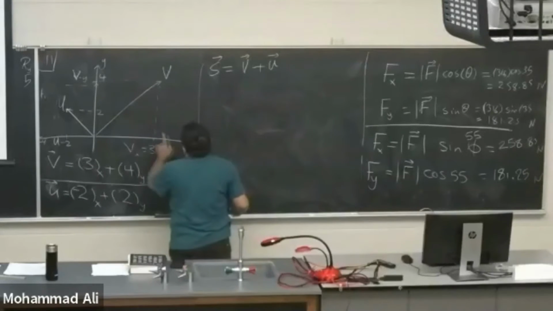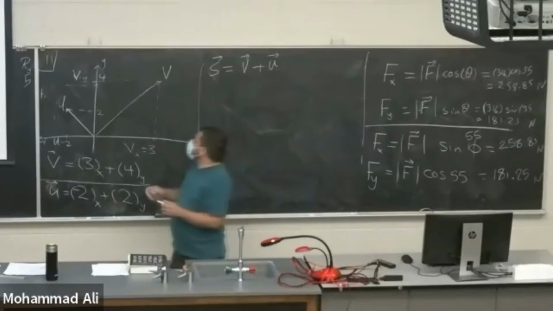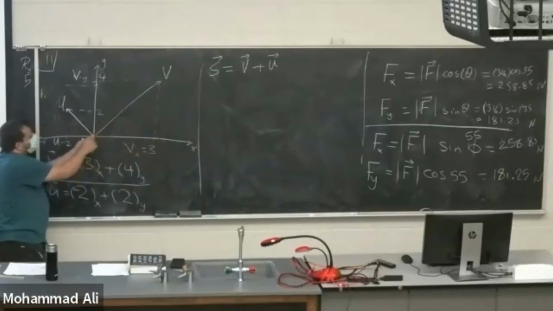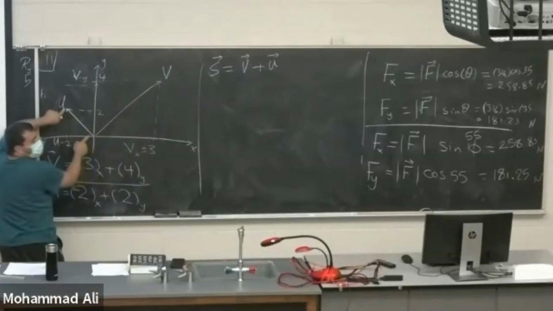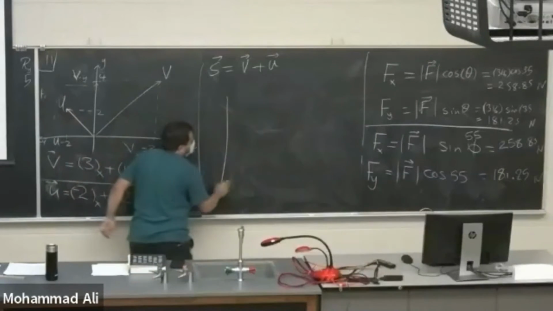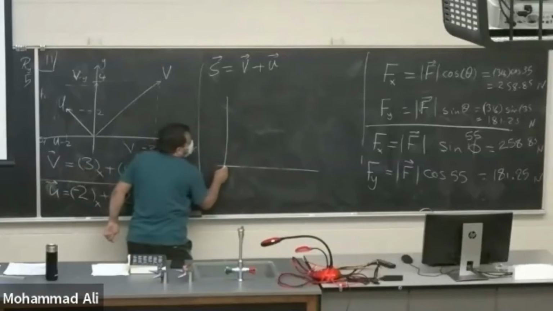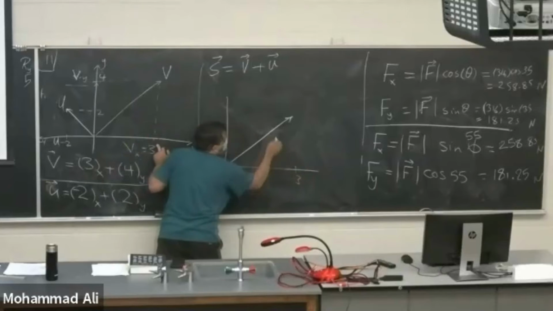Okay. I can find it by drawing. If I ask you, if you walk along V, then you walk along U. It's easy. This is V, which is the 3 and 4.